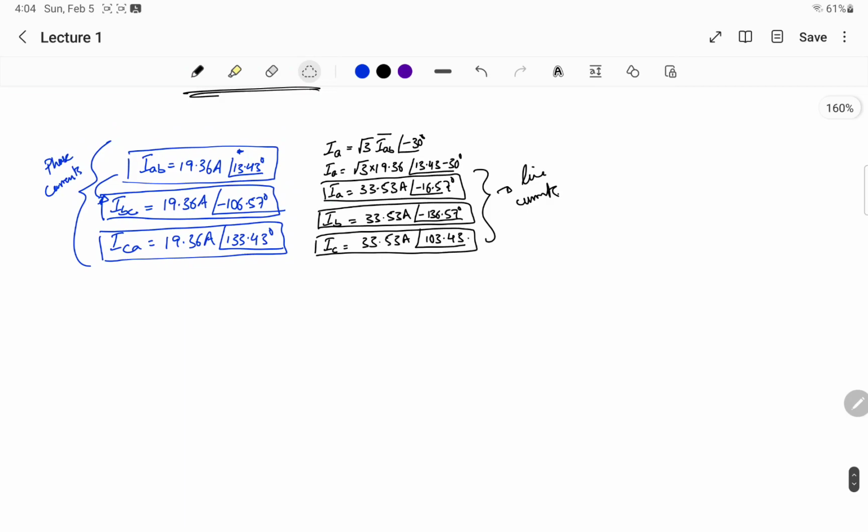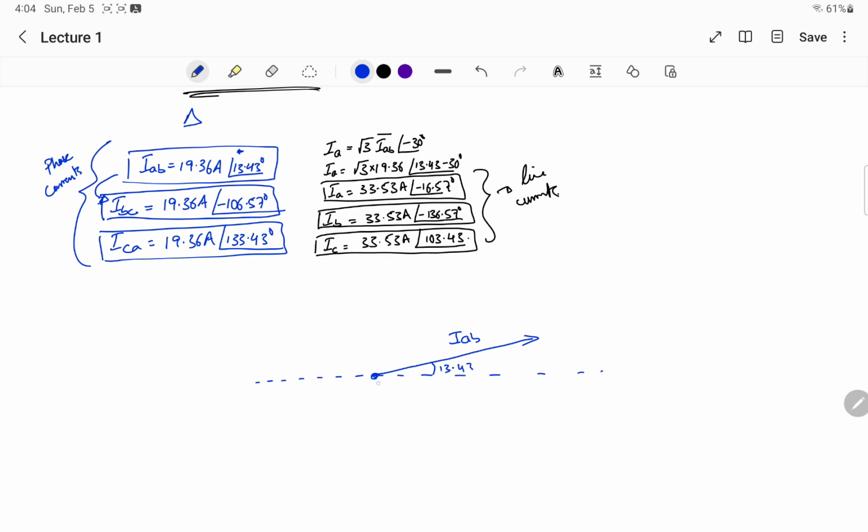So let's first draw the phasors of IAB. Let's take this as the reference. So these are the phase currents. Remember, it is a delta load. These are the line currents. They are not the same. So for our IAB, it will be like this. This is IAB. This is 13.43.